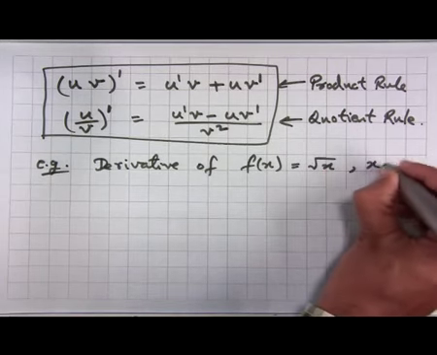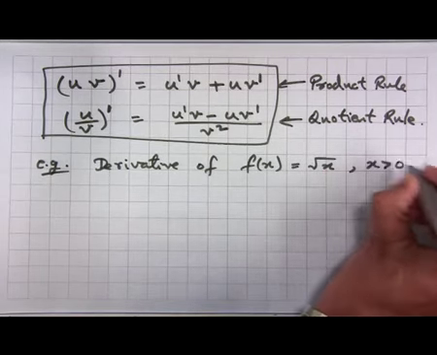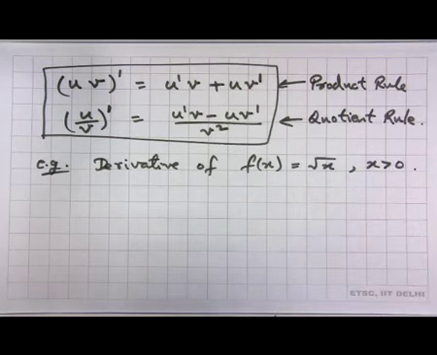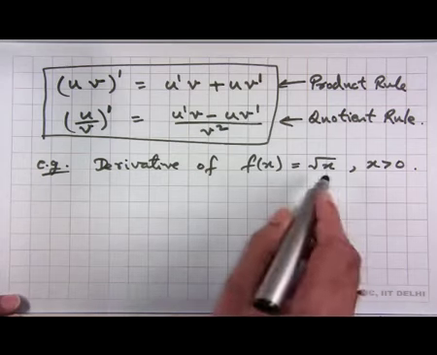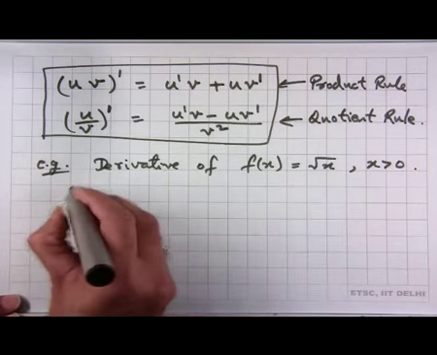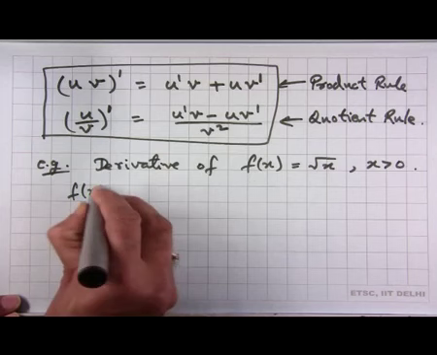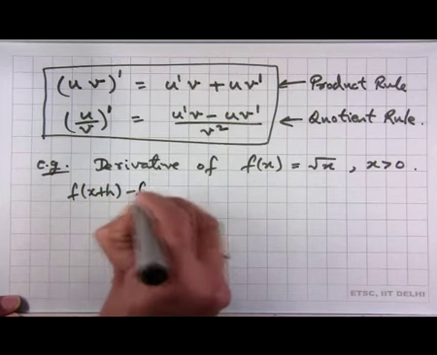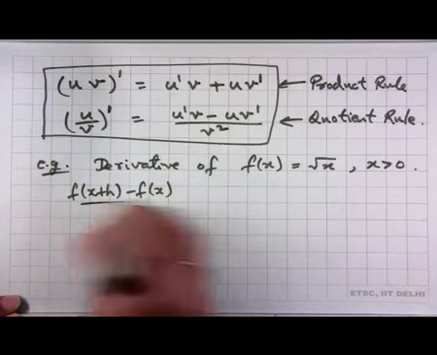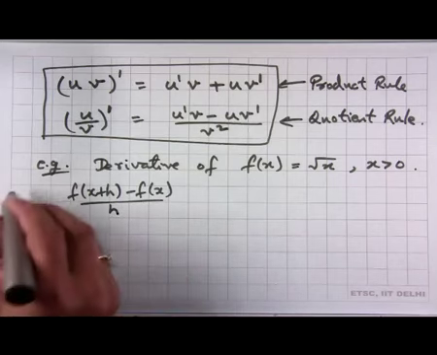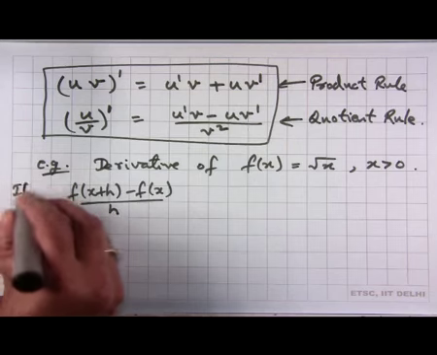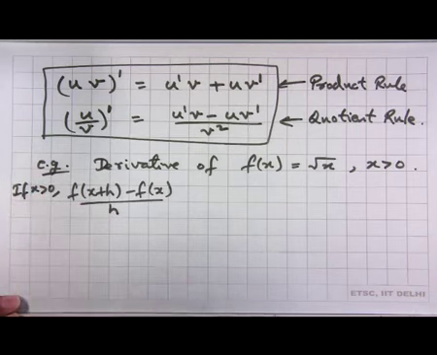This is defined for all x greater than 0. So, we want to calculate the derivative of this function at any positive x. So, f of x plus h minus f of x by h, if x is any positive real number.